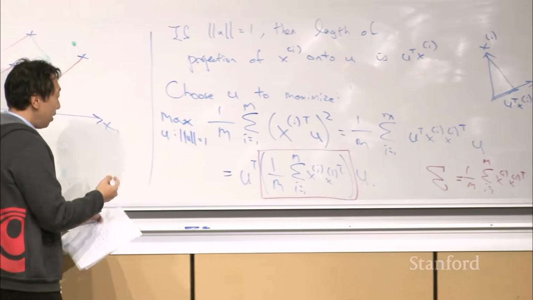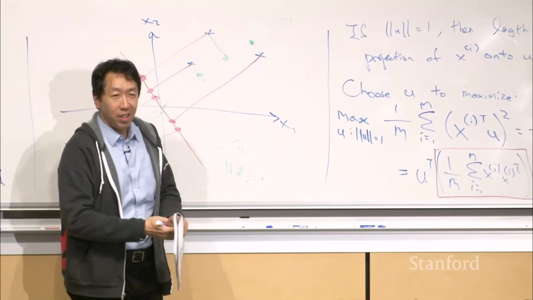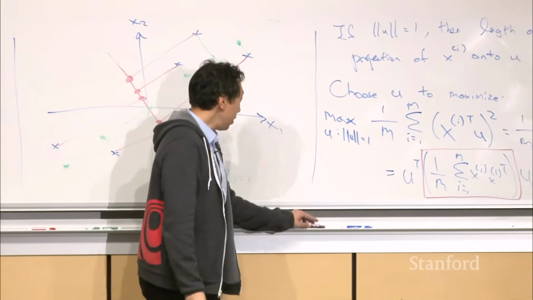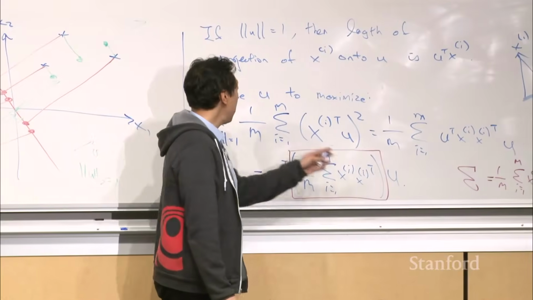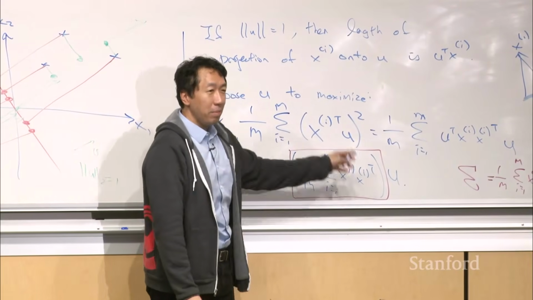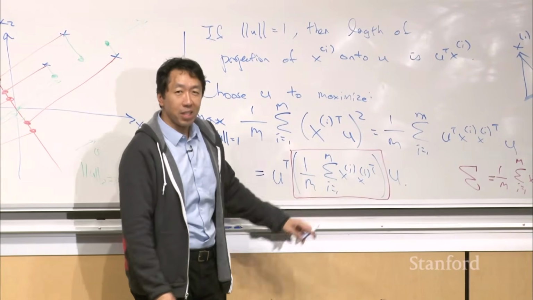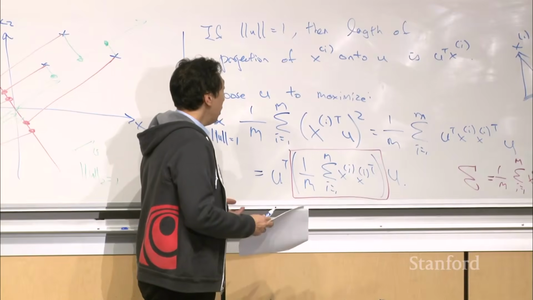One of the unfortunate things about this notation is that sigma, the covariance matrix, is the same symbol as the summation symbol, but hopefully it'll be clear from context.